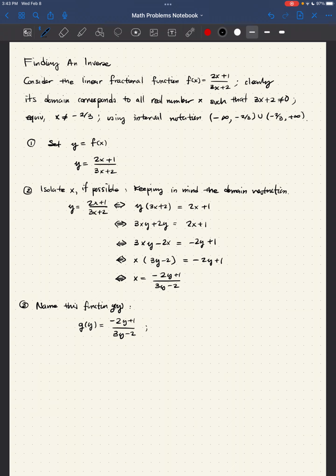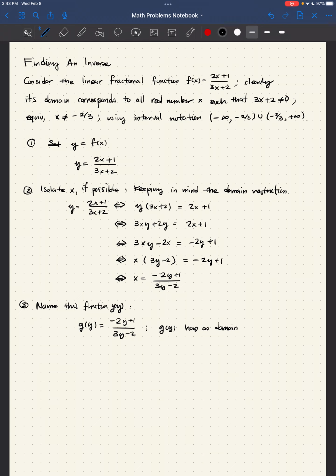Now, here's an observation. We can say immediately, just by looking at this particular function, that g of y has as domain the collection of all those real numbers y for which 3y minus 2 is different from 0.